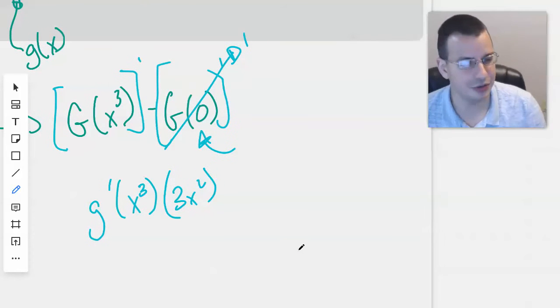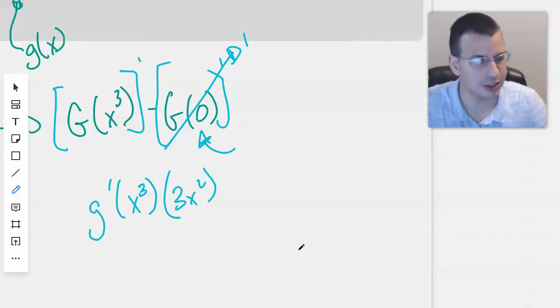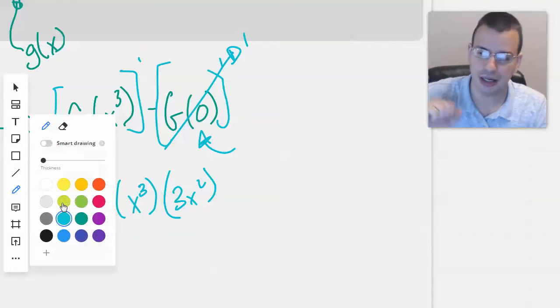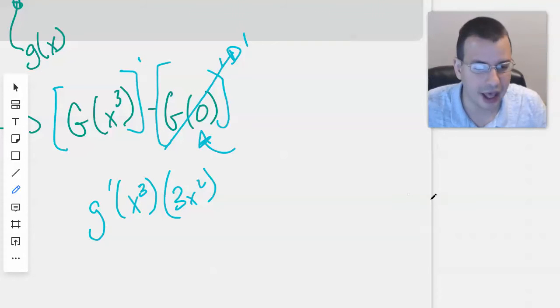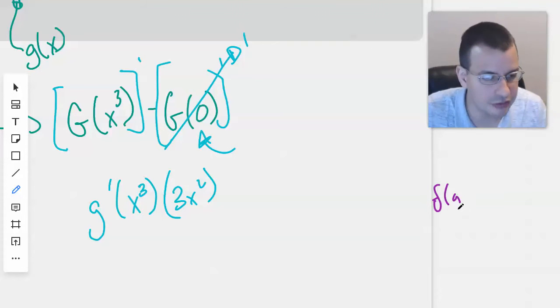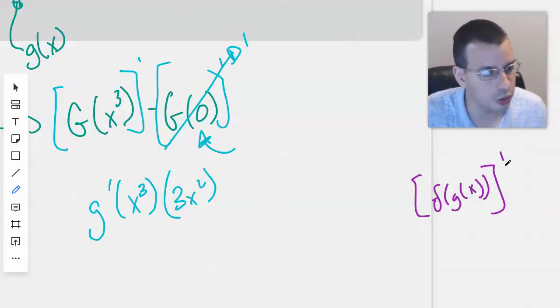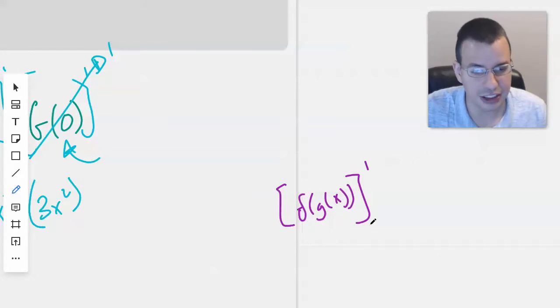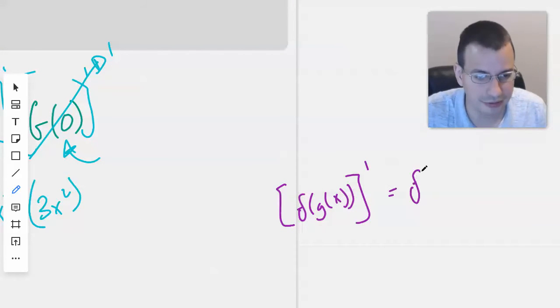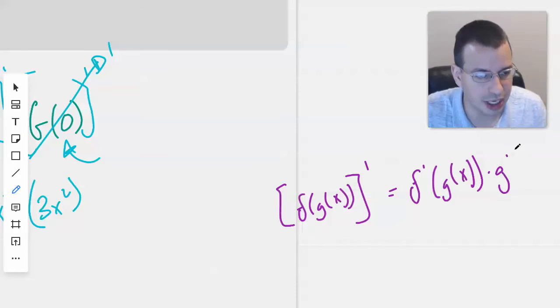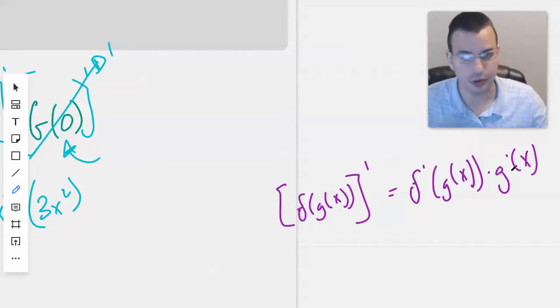The notation will look similar, so a sidebar: we have f of g of x, a nested function. Taking the derivative uses the chain rule, so it'll be f prime of g of x times g prime of x. And that's what we're doing here.